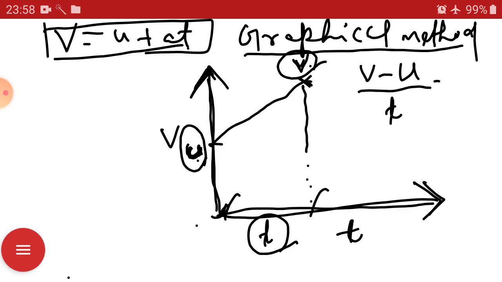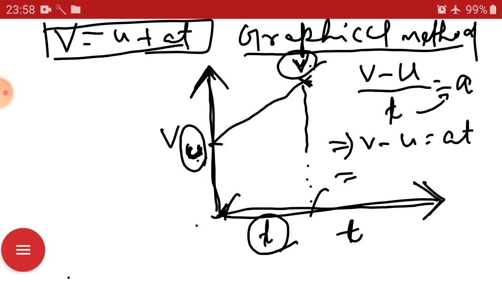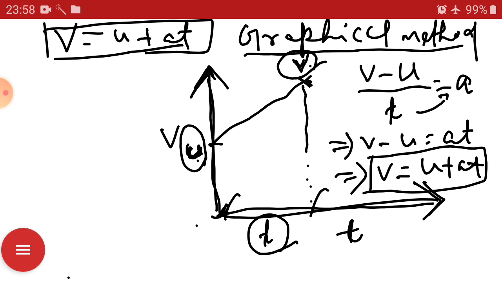So divided by t, the rate of change of velocity is your acceleration. From the definition of acceleration, we can write that v minus u upon t equals a, or if you cross multiply this t, then you will get v minus u is equal to at. Or if you further simplify it, you will get v is equal to u plus at. This is your first relationship. Clear? Okay, so this relationship is your first relationship.